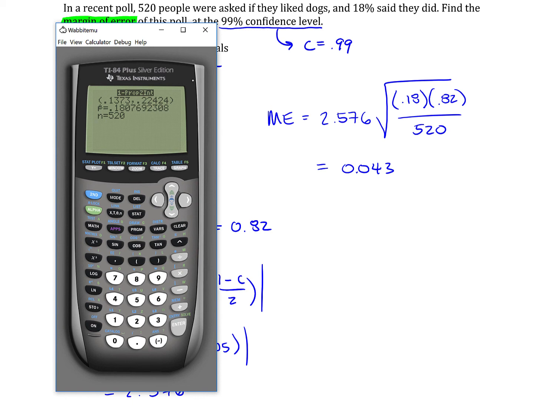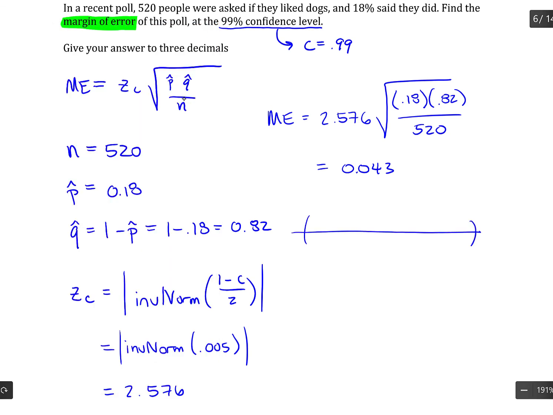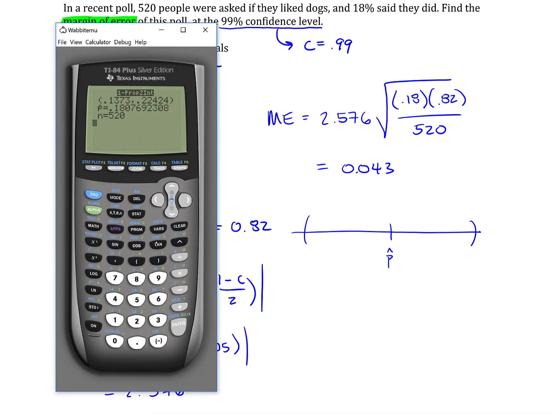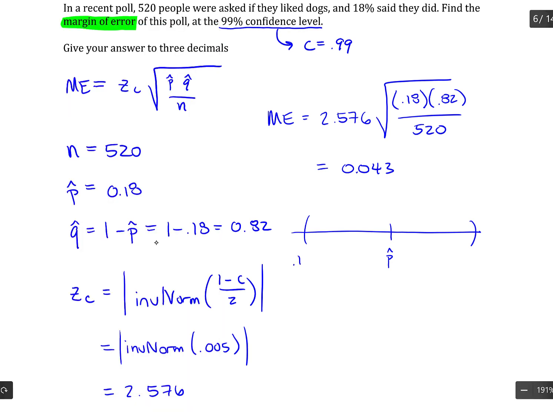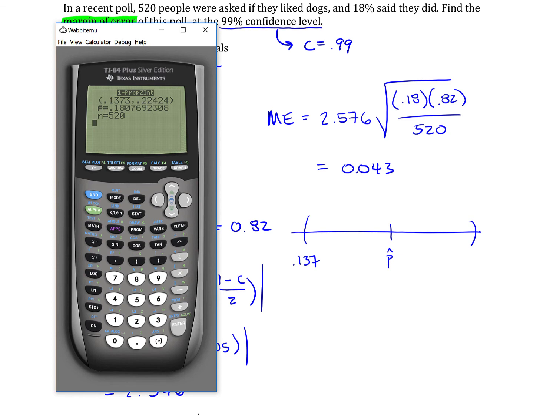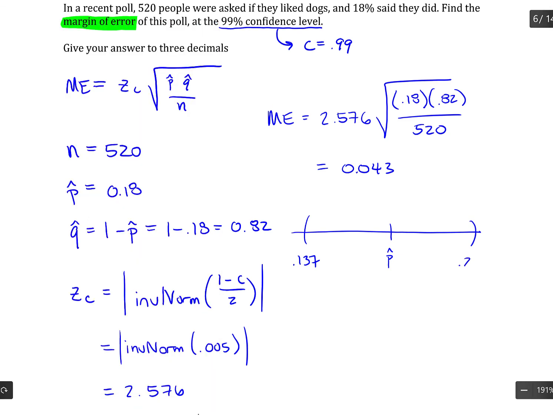If you want to find the margin of error, the endpoints of your confidence interval surround the value p hat. So we have the endpoints of the confidence interval as 0.137, and the upper one was 0.224.